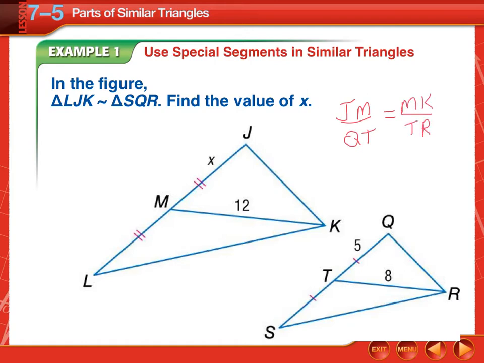And we can substitute X is to 5 as 12 is to 8. Cross multiply, we have 8x equals 60. And divide both sides by 8. And we have 7 with a remainder of 4. So that would turn out to be 7 5/10.